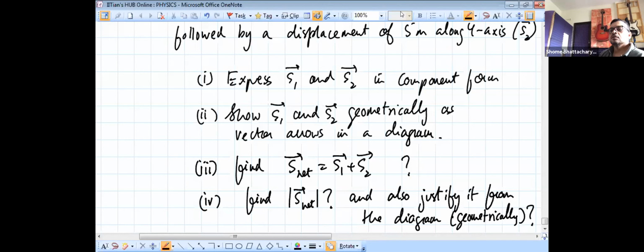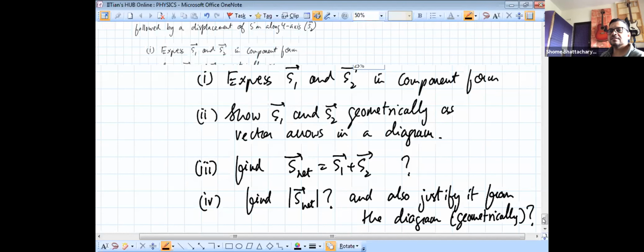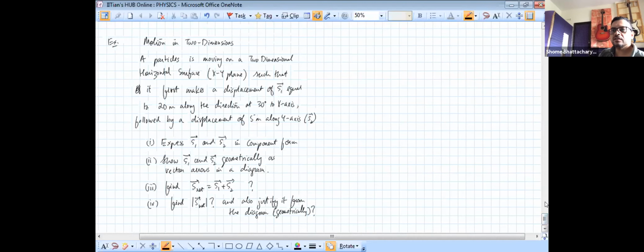Okay. So just give this a bit of time and understand this question properly. So you'll understand more about how to use vectors in motion in 2 dimensions, which is the purpose of learning vectors right now. Try this out, people.